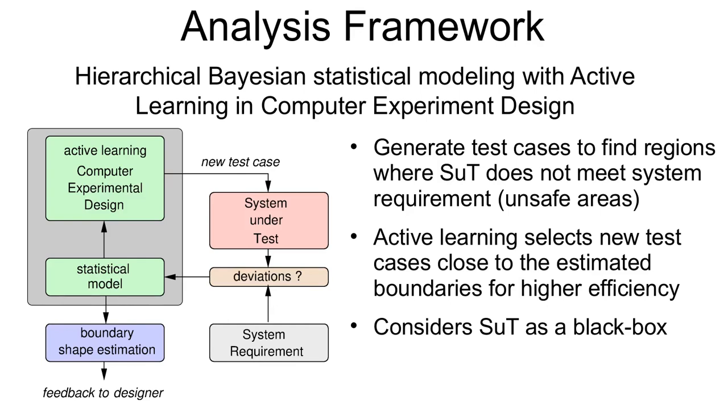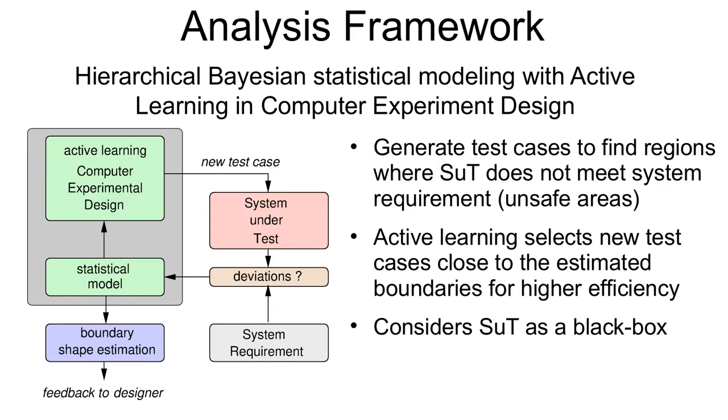System requirements, for example for safety or performance or other criteria, are checked with respect to the execution of a test case, and deviations are reported to our framework.